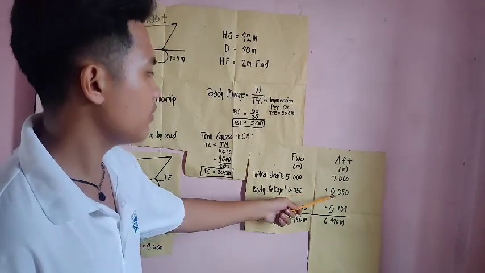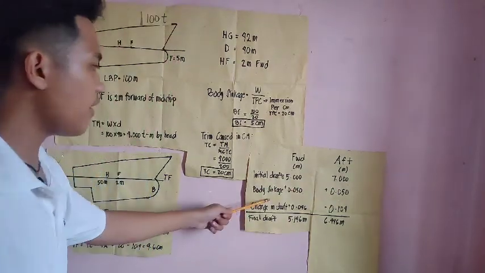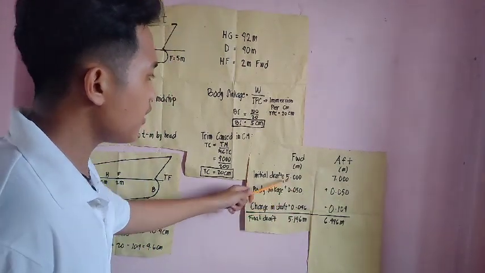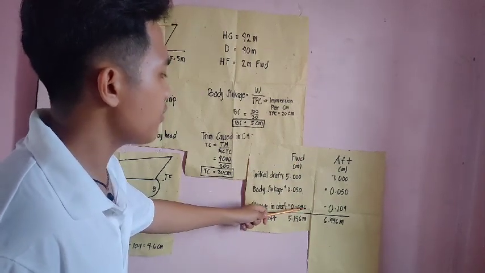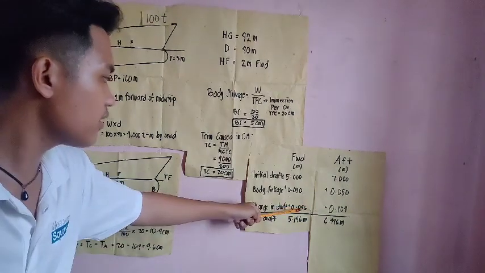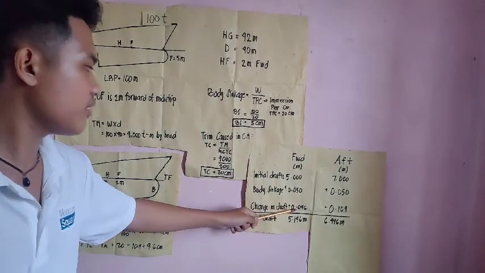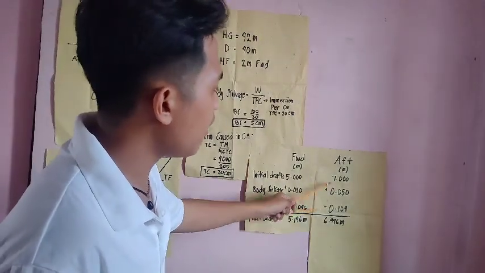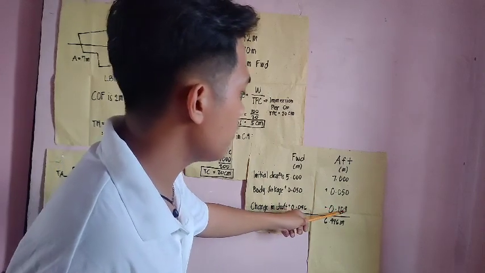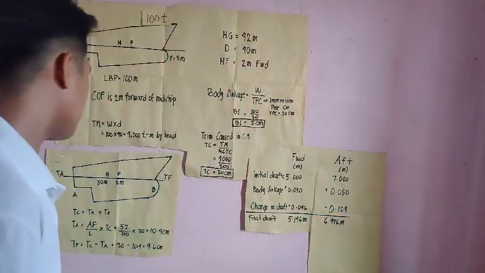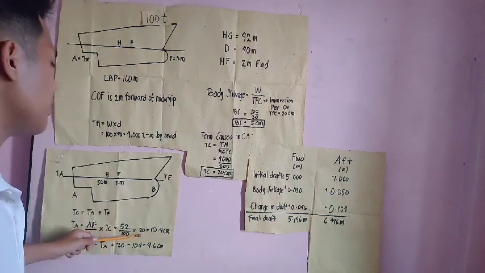We put the bodily sinkage in both. So the change in draft in the forward draft is positive 0.096. We get this from here, we just convert 9.6 centimeters to meters. And the change in aft draft is negative 0.1040. We also get that from here, we just convert it to meters.